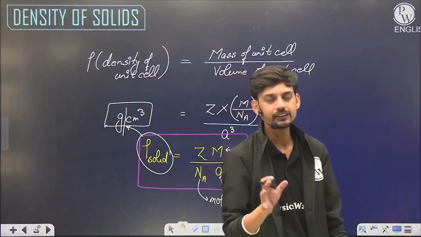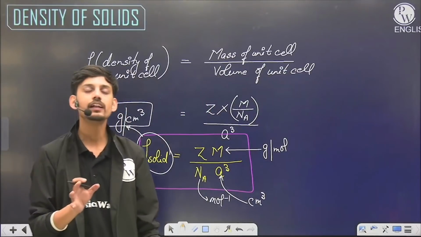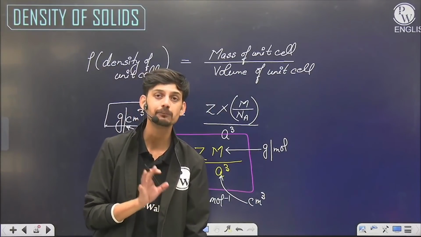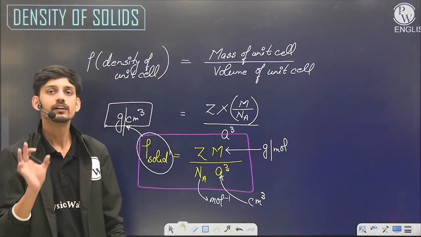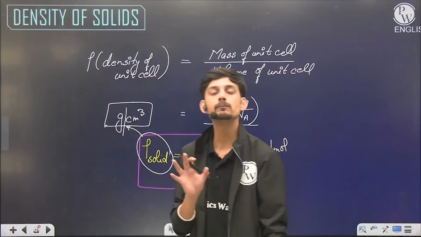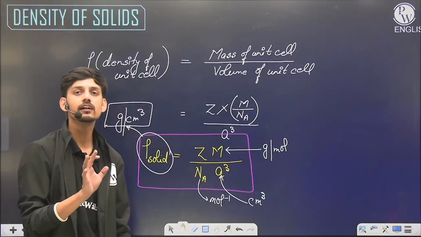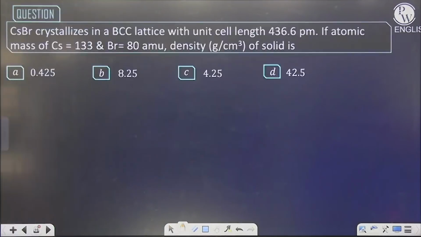Usually the molar mass is in gram, so I take the edge length in centimeter, and then only the density will come in gram per centimeter cube. If somewhere the question asks in kilogram per meter cube, then we have to do proper conversion of units. But most of the time the question is asked in gram per centimeter cube.